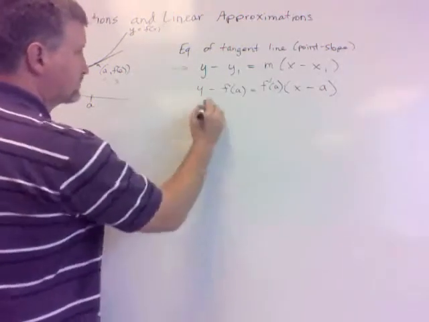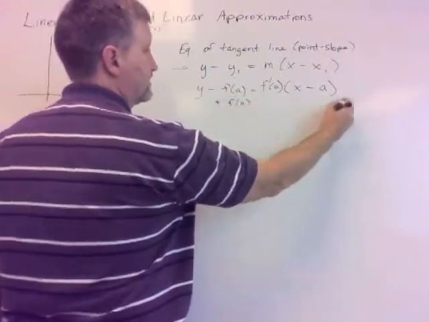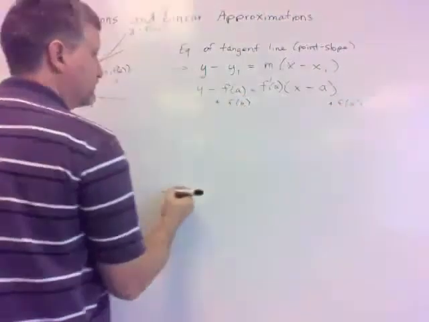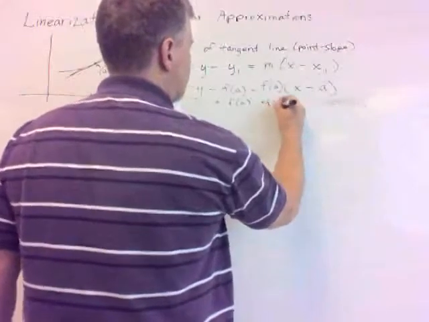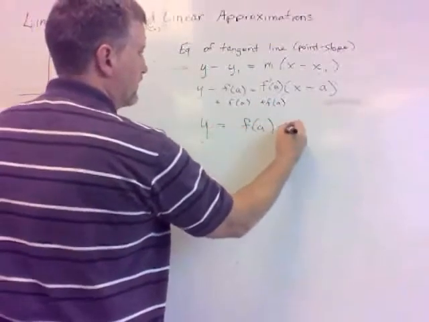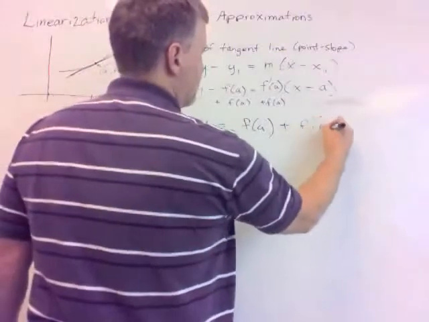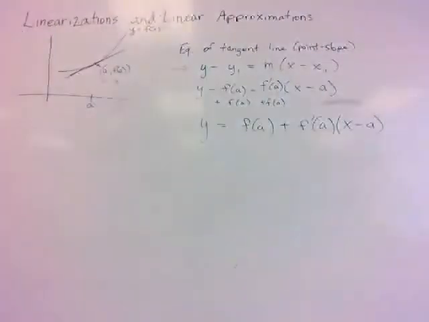We just add f of a to both sides, and I think they usually put it here. So we get y equals, and let's put the f of a first, plus f prime of a times x minus a. Okay.